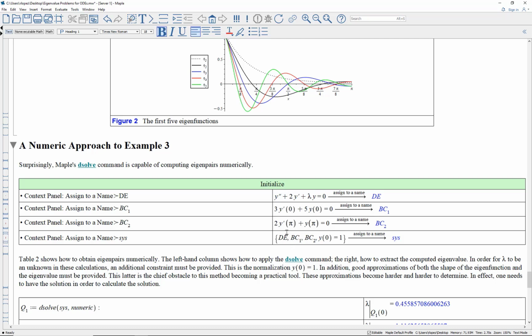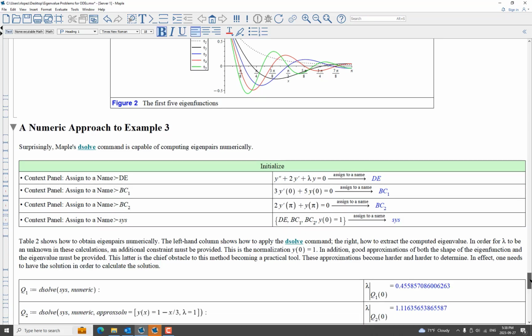And let's group the differential equation, the 2 boundary conditions, and one arbitrarily written algebraic equation, because there is this parameter lambda that we don't know, and Maple doesn't know. So it needs one more piece of information to deal with this parameter, because it's going to work numerically. And so let's call this whole thing sys, and we'll give that to the dsolve command. And then down here in table 2, I'll show you what happens with the dsolve command.